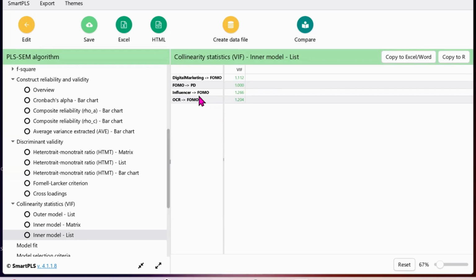Influencer to FOMO recorded 1.266. OCR to FOMO recorded 1.204. Since all values are below 5, multicollinearity is not a serious concern. This indicates that the predictor constructs do not strongly correlate with one another and therefore do not distort the estimation of path coefficients.